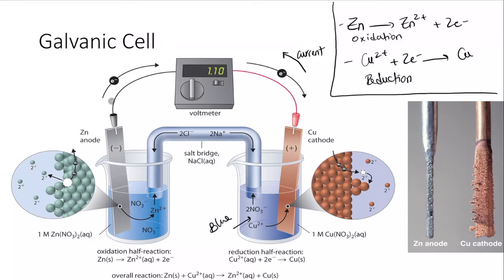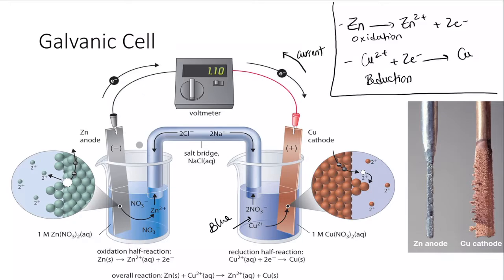The transfer of electrons takes place between the zinc anode and the Cu2+. So the zinc anode undergoes oxidation. The transfer here is going through the connecting wire.